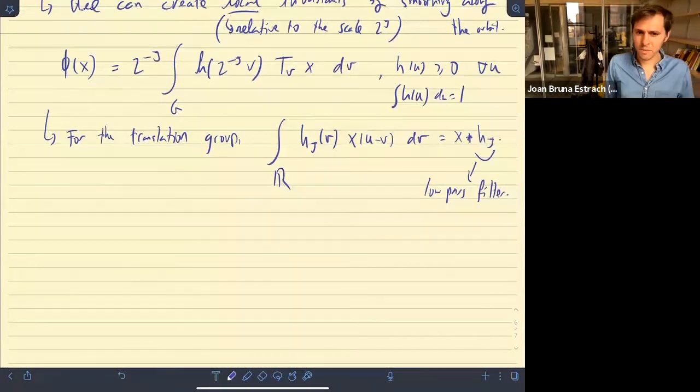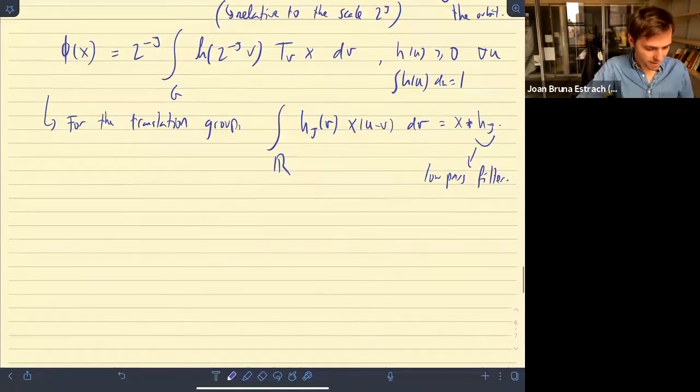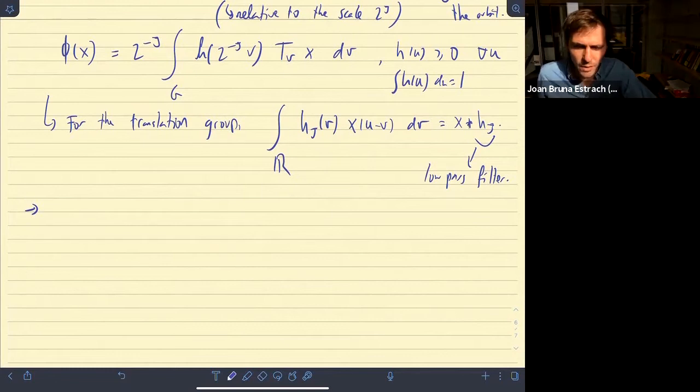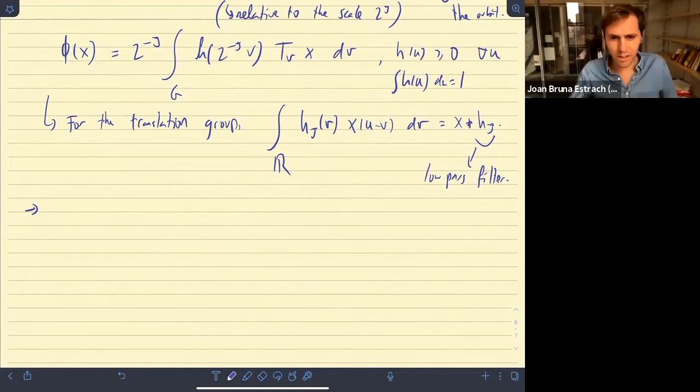So it seems like a very convoluted way to just introduce a low-pass filter, right? But in fact, this is in a sense a much more humble construction than what we did before with the group and the Fourier transform and the Stone theorem.